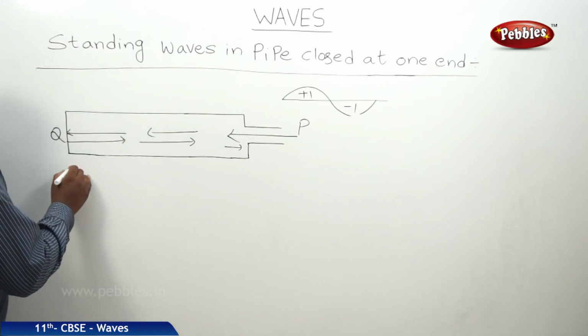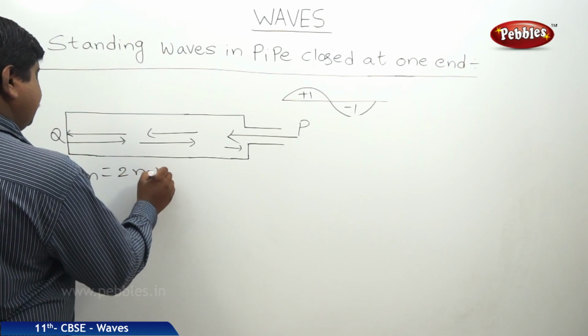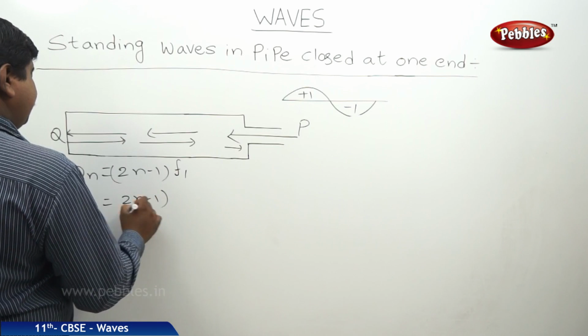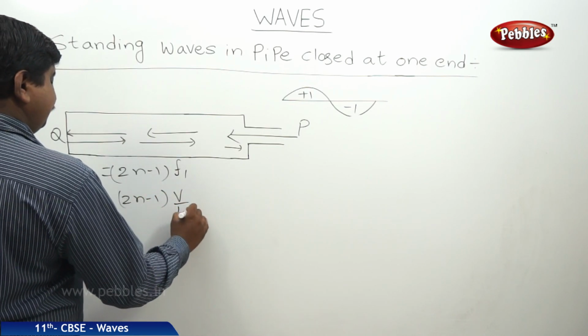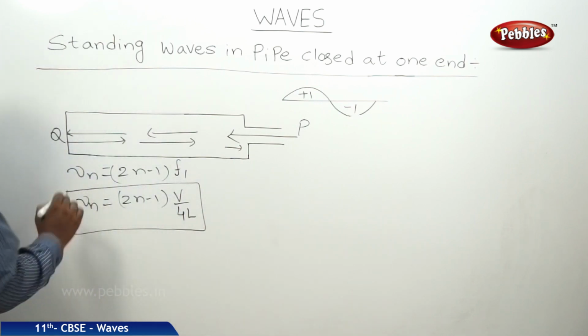So therefore nth frequency is equal to 2n minus 1 into f1. Therefore we can write 2n minus 1 into V by 4L. This is the equation of the nth frequency.